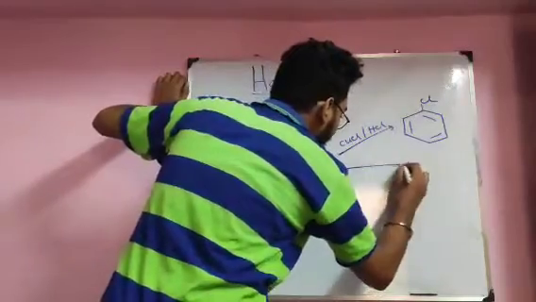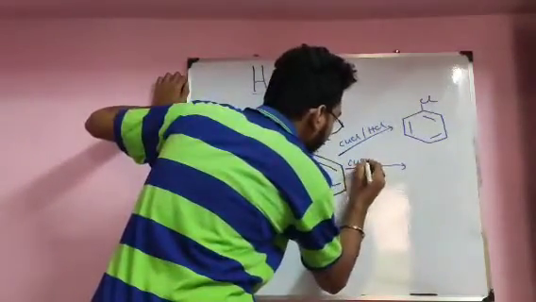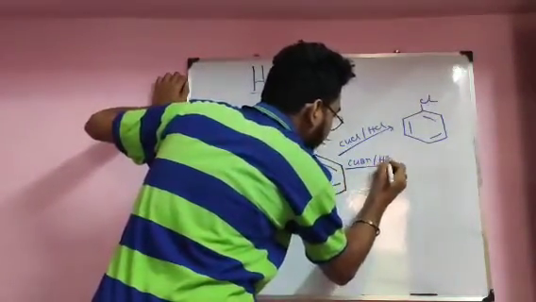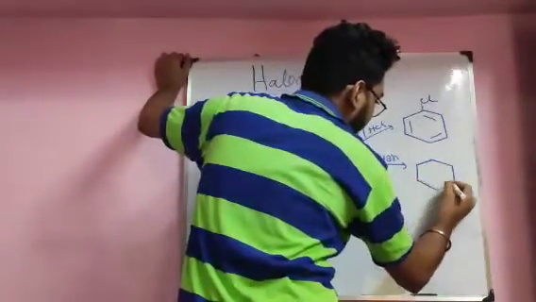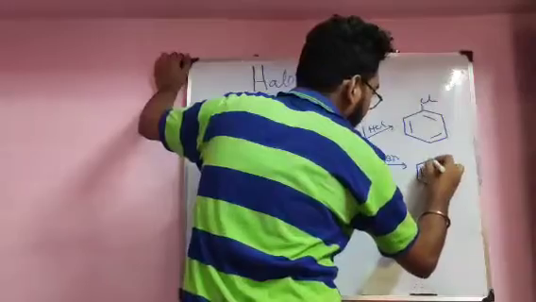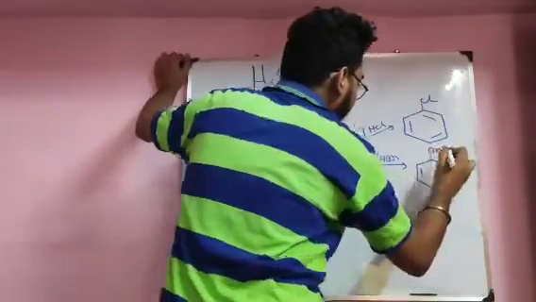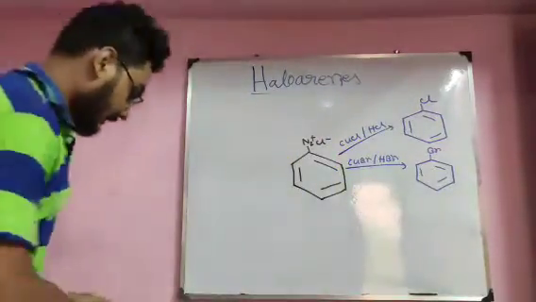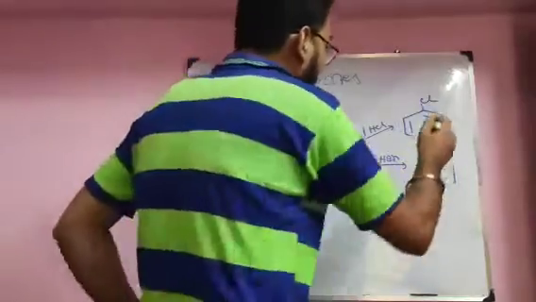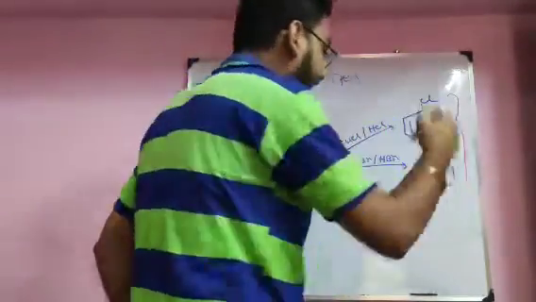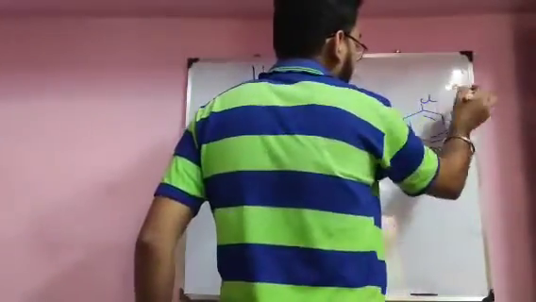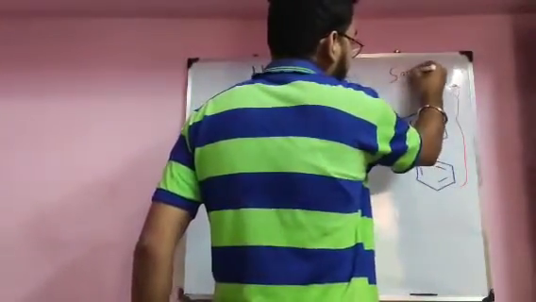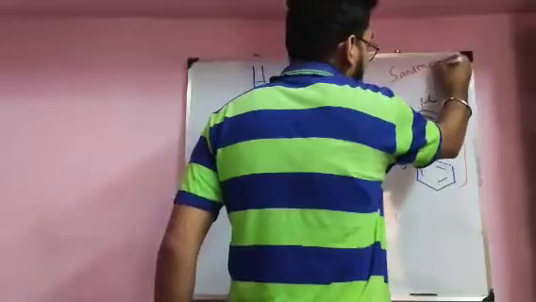If we give CuBr or HBr, then the product formed is bromobenzene. The name of these two processes is Sandmeyer reaction. This process is known as Sandmeyer reaction.